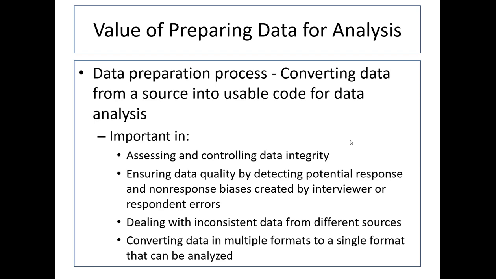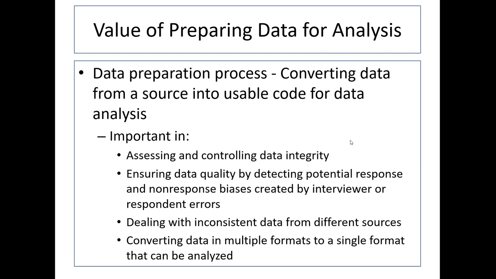We can also have response bias. For example, if we have a bad survey, if we have unclear questions, all the stuff we went through the last few weeks, unclear measurement, then potentially that's going to bias our survey. We may be dealing with inconsistent data.